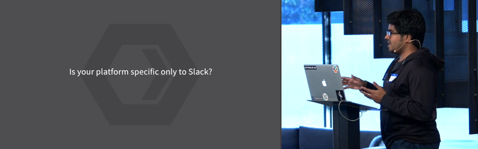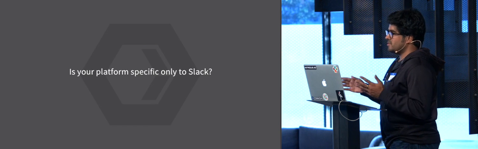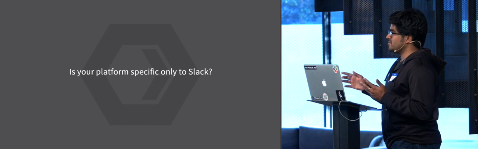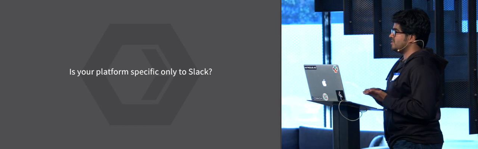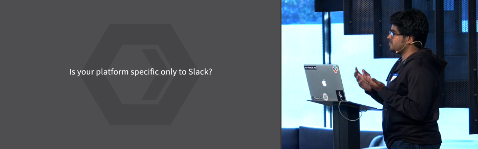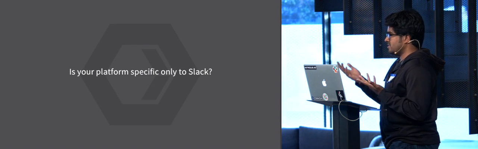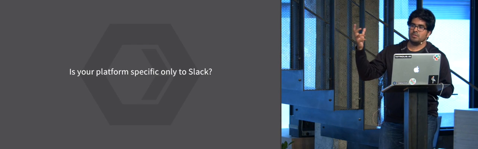That's a good question. So it is today specific to Slack. It probably won't expand to other services, mainly because most other bot frameworks, so Facebook and Kik, and I haven't looked at the iMessage stuff, but even Alexa, the Amazon stuff, all follow the webhook model.